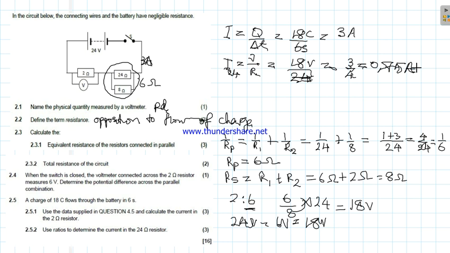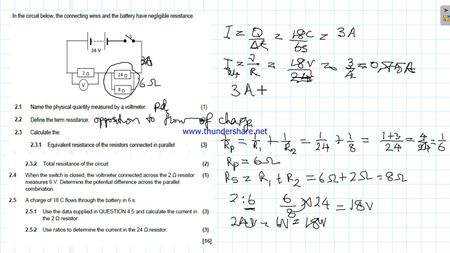We divide that by 8, okay, to get the current flowing through the 8 ohm resistor. But because we also know that when current flows through resistors connected in parallel, that current is divided. So we can just say this current coming from the source, from the battery, is 3 amps.